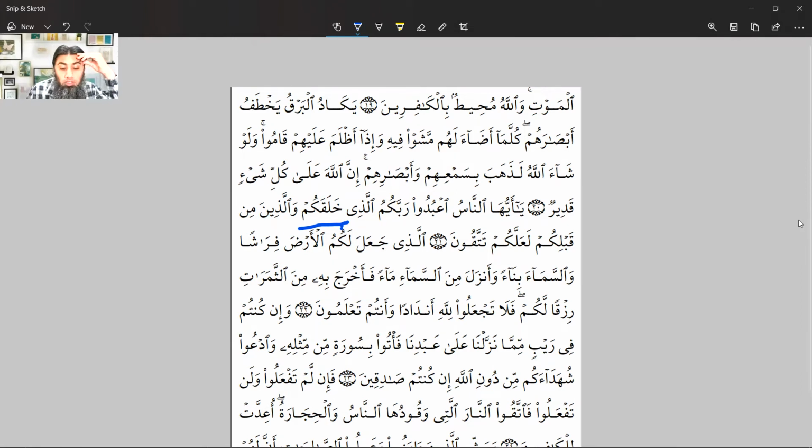Alladhi is a mawsul, ism mawsul, and ja'ala is fi'l madi. Excellent. And lakum is jar majroor, and it will be mutaalliq bil fi'l, ja'ala.